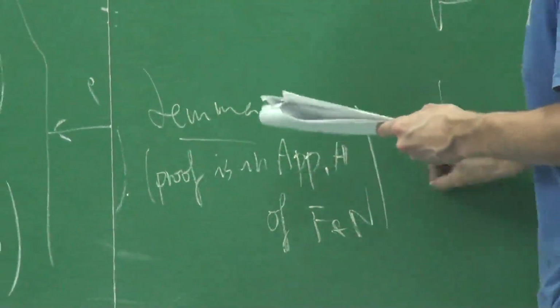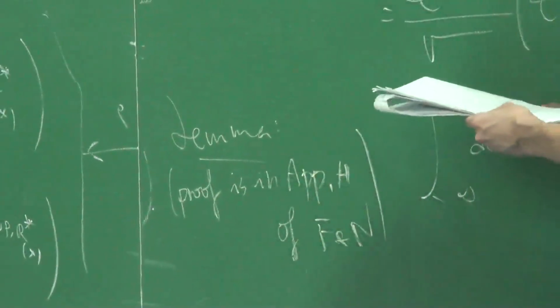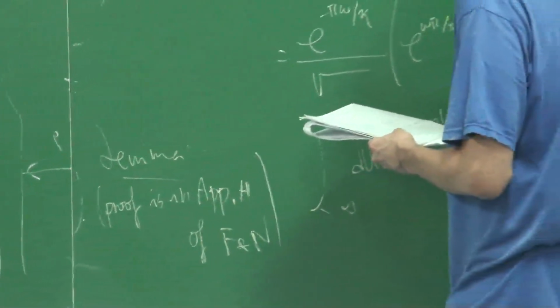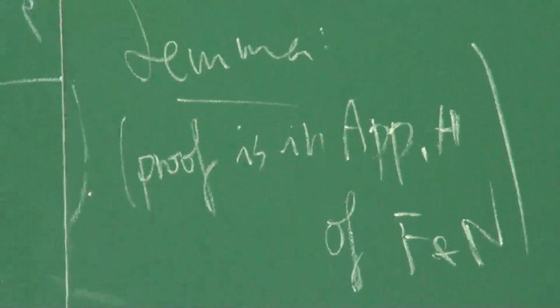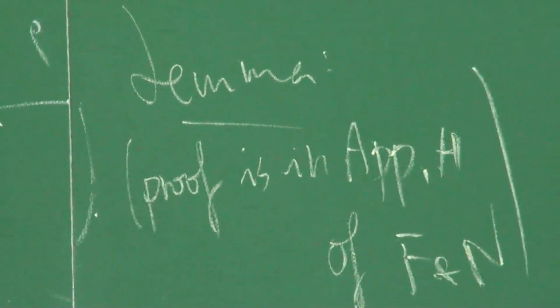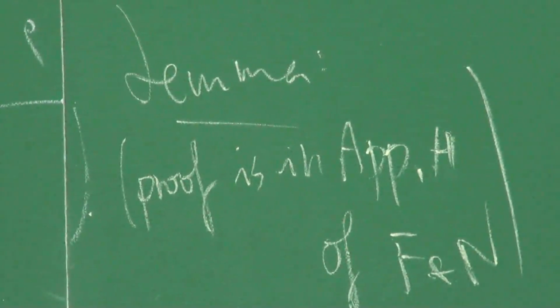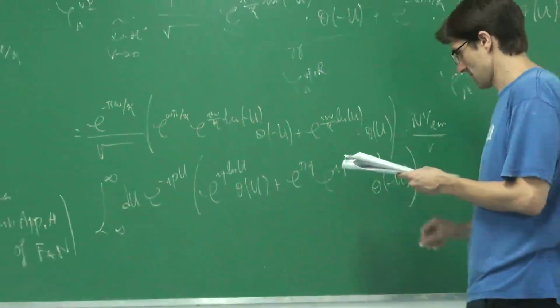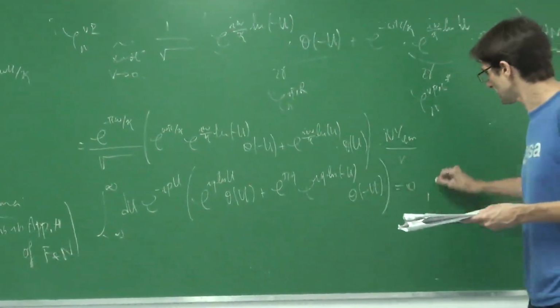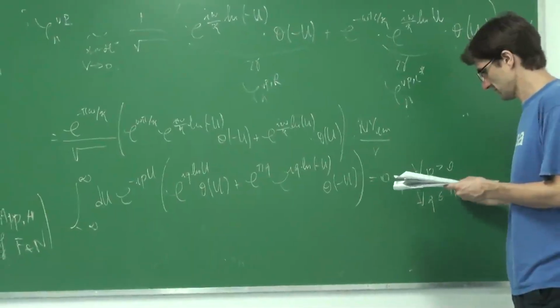So the lemma is this: that this is 0 for all p positive and for all q real.